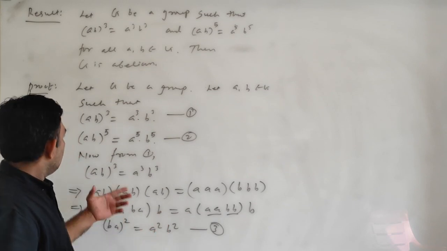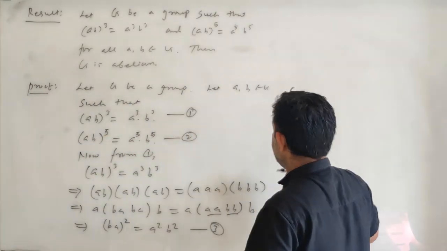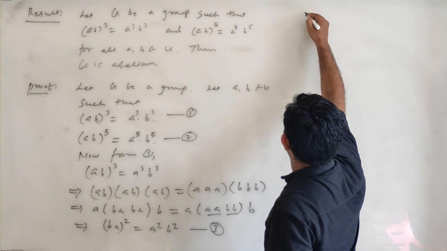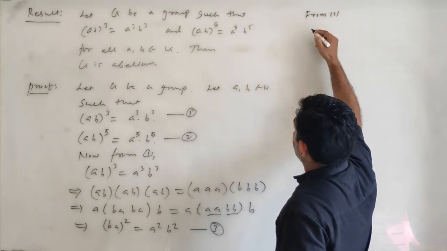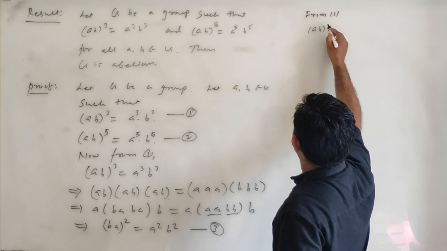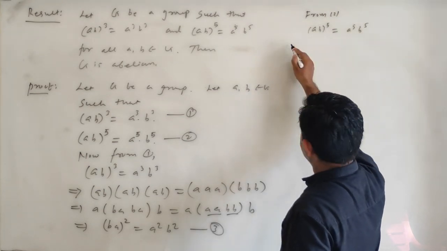Okay, so again by 2, what can I do? From 2, we have (AB)^5 equals A^5 B^5. You give the same argument.